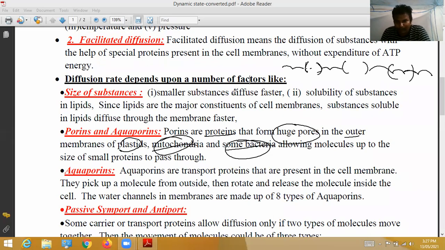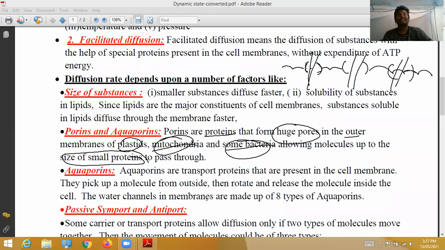Those porins form huge pores in the outer membrane of the plastid, mitochondria, and some bacteria, allowing molecules up to small protein size to pass through them. Those are called porins.